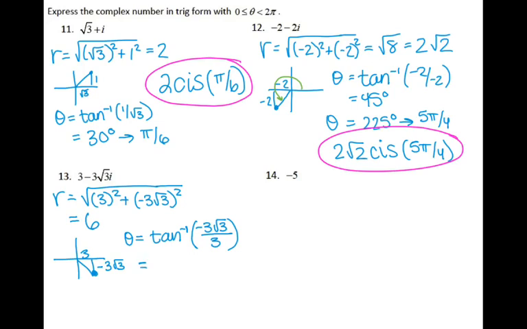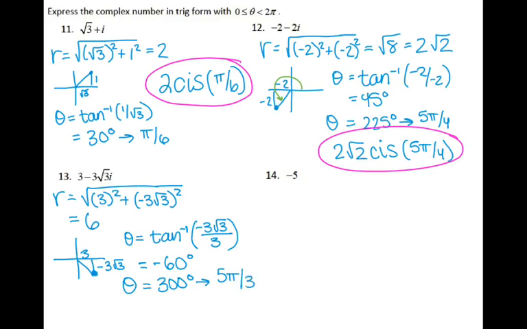That gives me, let's see, inverse tangent of negative 3 root 3 over 3, negative 60 degrees. But of course we want that in standard position. So that is going to be positive 300 degrees. And 300 degrees in radians is, let's see, 5 pi over 3.